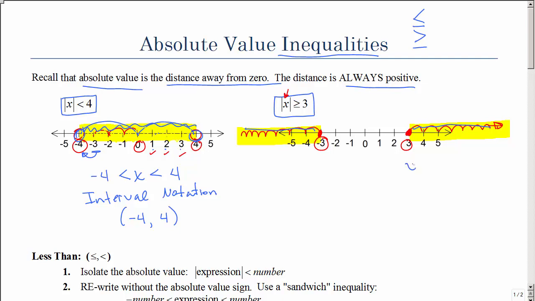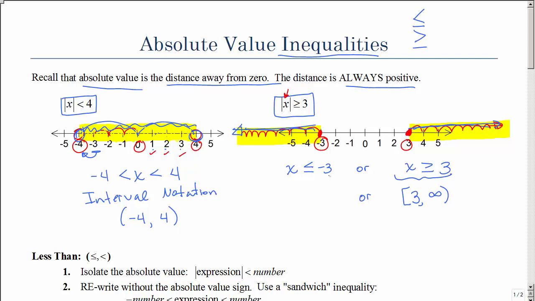Well, this part says x is greater than or equal to 3. That's all of those numbers. This part says x is less than or equal to negative 3. That's all of those numbers. And mathematically, we really should put the word or. Again, we could write that in interval notation. So this part would be a bracket, remember, because it's equal to 3, and it goes on forever.